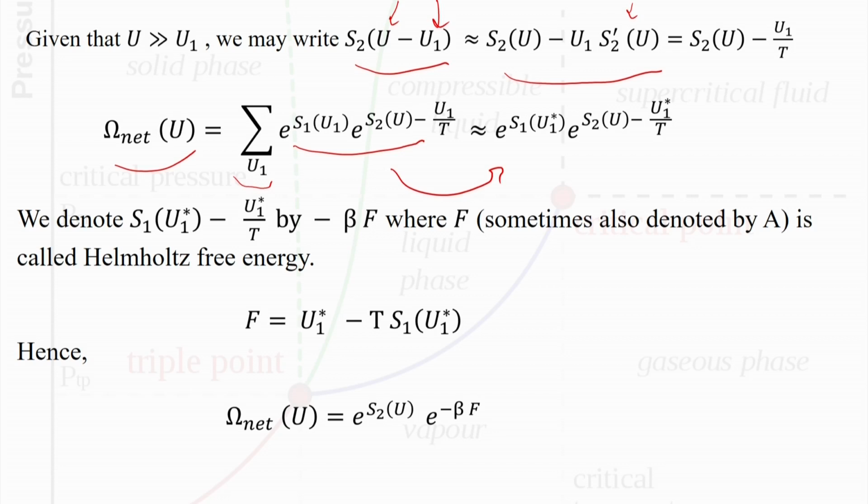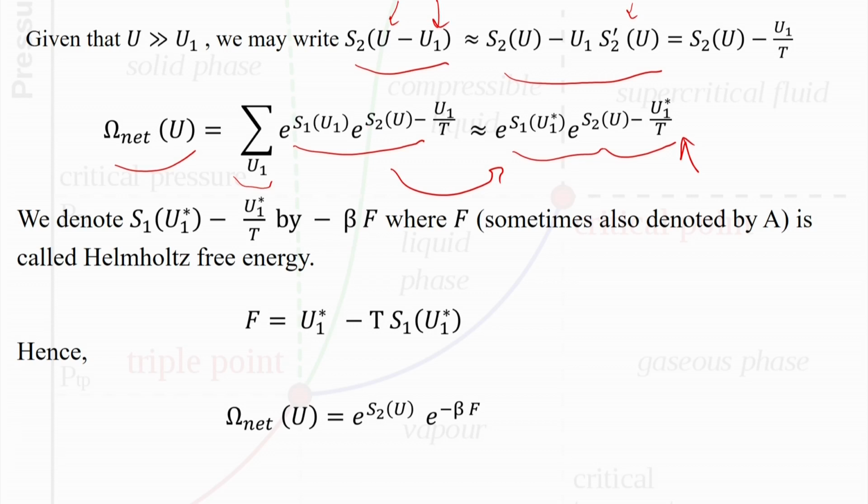The implication is that the contributions from U1 different from the most probable value are overwhelmingly suppressed compared to the most probable value, and that is for systems which are large in size, which we will establish a little later. But for now, let us assume that it is legitimate on my part to simply drop the summation and replace U1 by its most probable value.